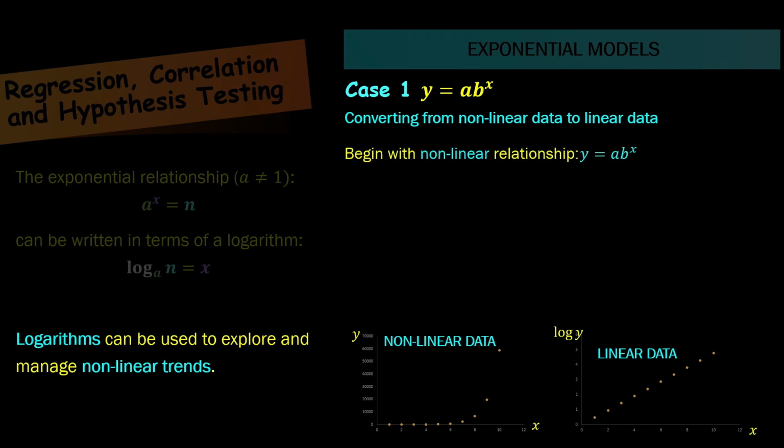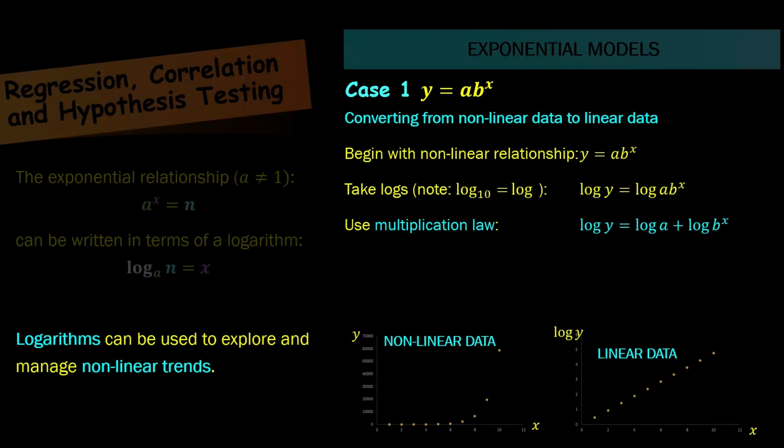Begin with a non-linear relationship, y equals a times b to the power x. Then take logs, and remember that log base 10 is simply written as log. So log y equals log a times b to the power x. Then use the multiplication law.